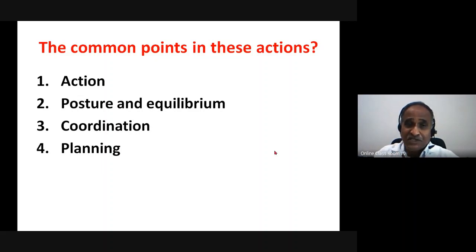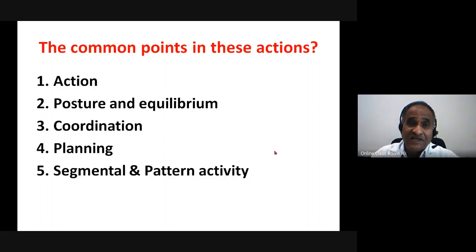That is one thing which is not seen, but it is happening. Then fifth one is that there is already a background activity, a segmental activity and a pattern activity. This segmental and pattern activity cannot be stopped. It is over and above this segmental and pattern activity.